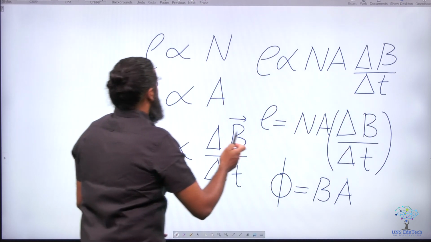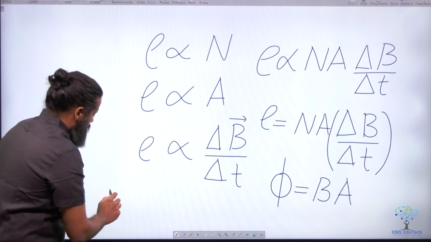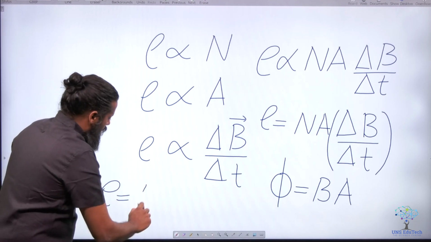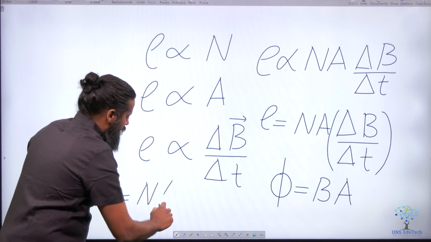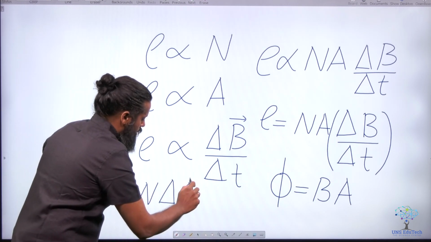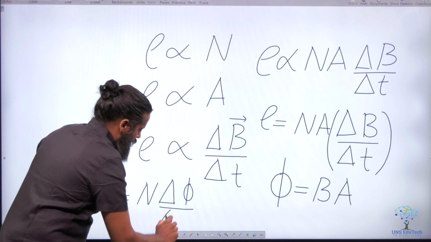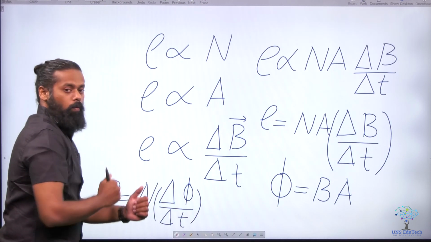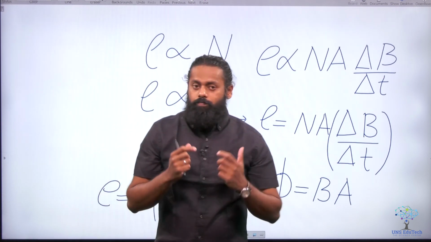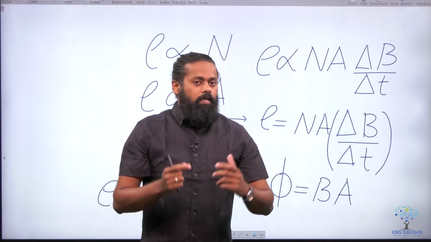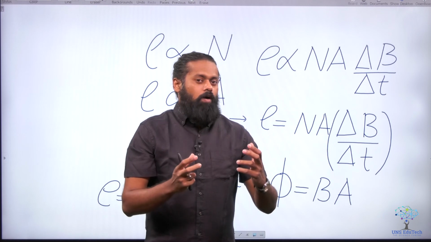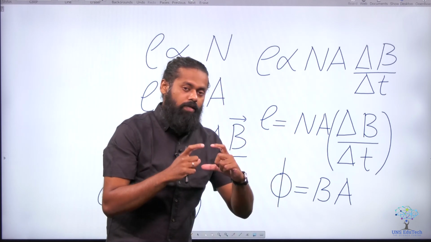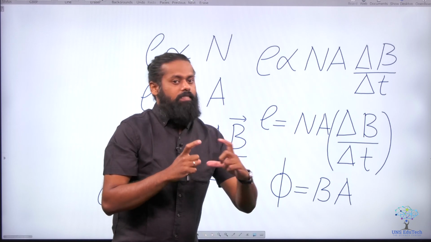So, the induced EMF will be equal to N into delta phi divided by delta T. This particular law is called Faraday's law of electromagnetic induction. It gives a quantitative value for the EMF induced, or the potential generated across that conductor.